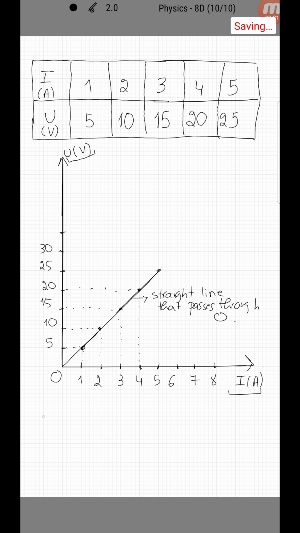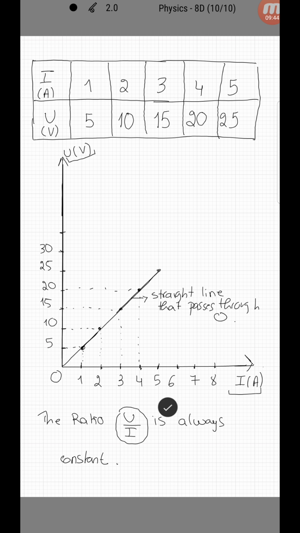So, the ratio U over I is always constant. Now, this ratio, U over I, is equal to the resistance of the resistor.